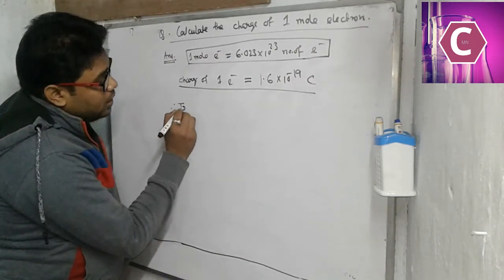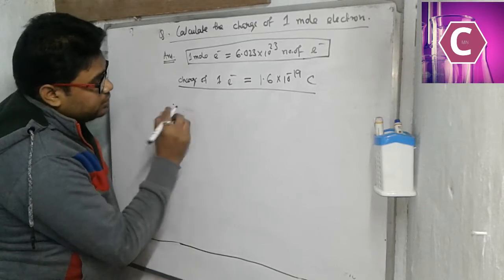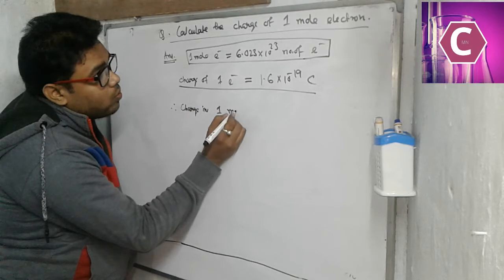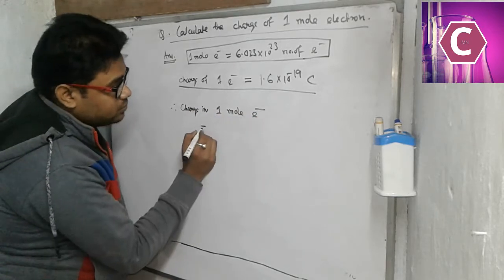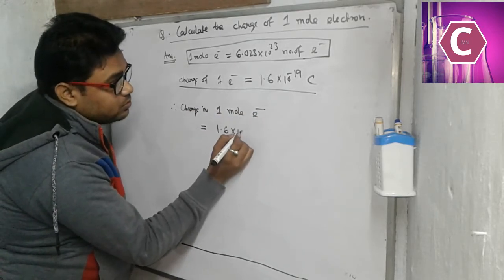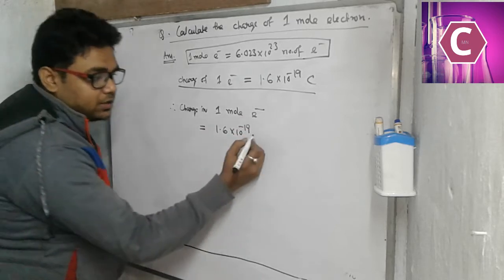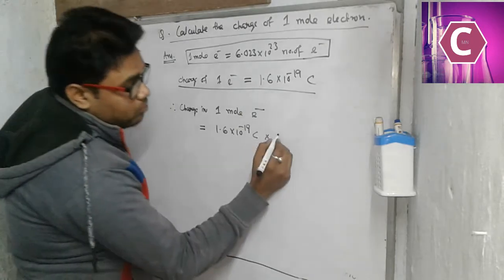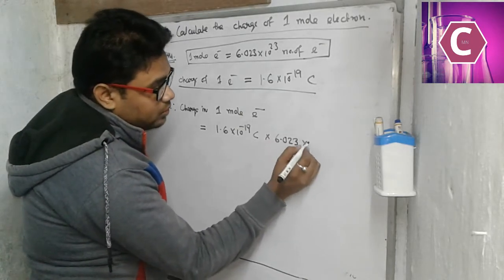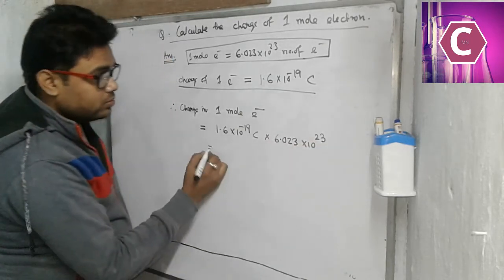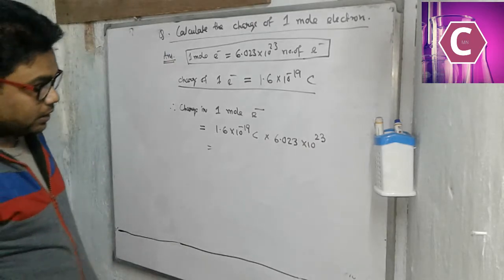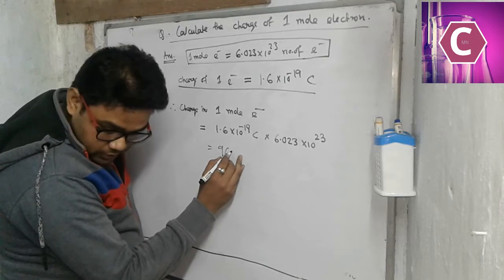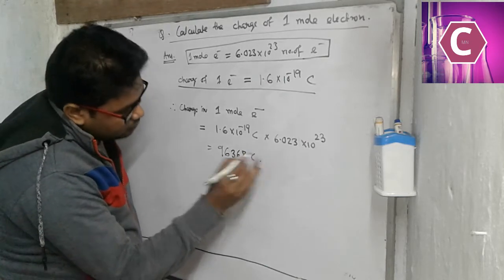Therefore, the charge in 1 mole electron becomes equal to 1.6 into 10 to the power minus 19, the charge of 1 electron, multiplied by the number of electrons in 1 mole, that is 6.023 into 10 to the power 23. Hence the charge becomes 96368 coulomb.